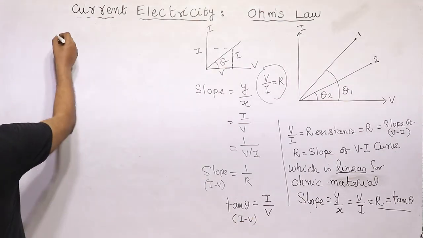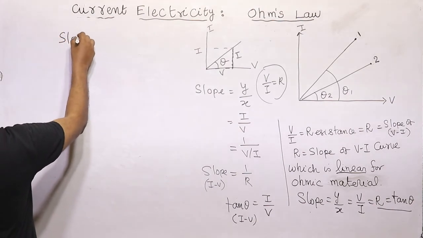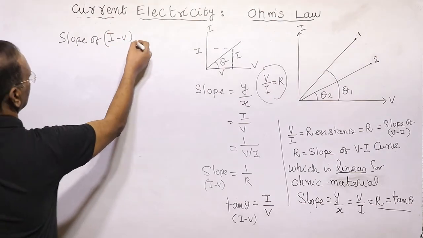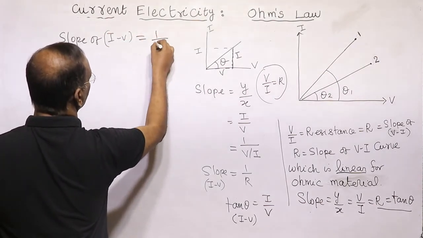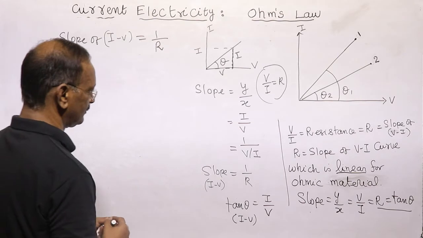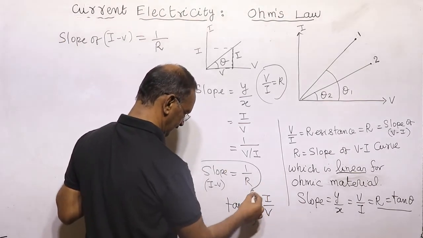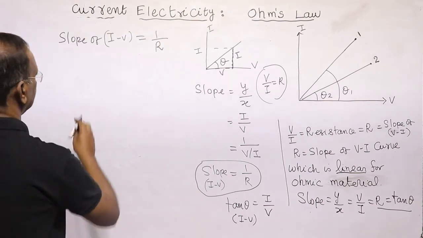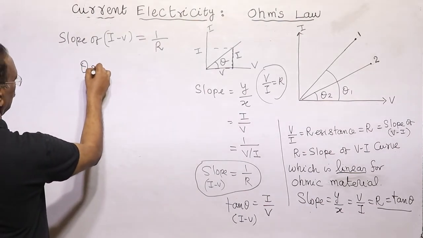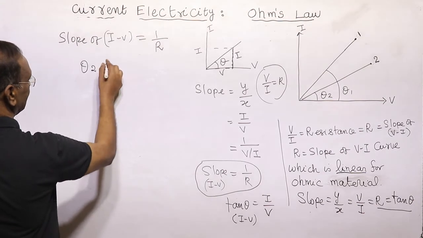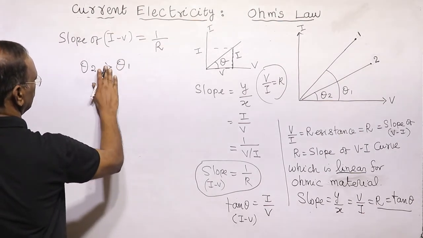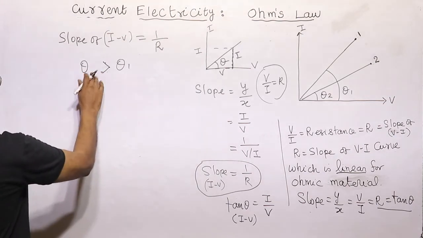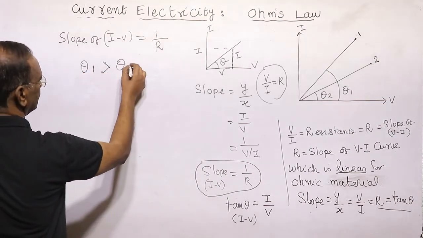It means we can come to the conclusion that the slope of the IV graph represents 1 by resistance, the inverse of the resistance. Already we have seen this is 1 by R. Now here you see theta 1 is greater than theta 2.